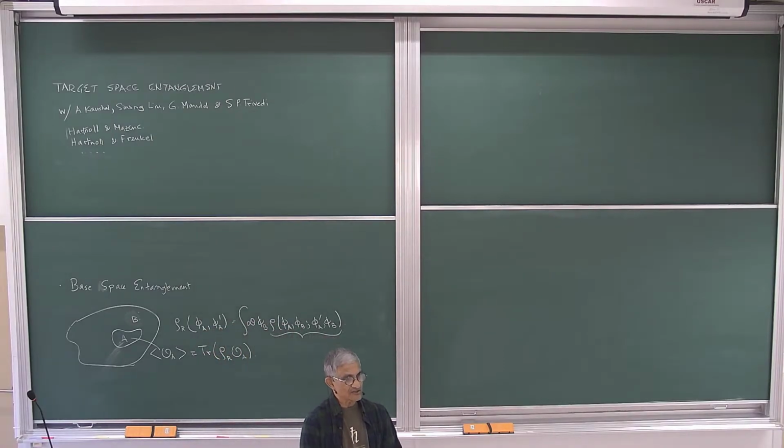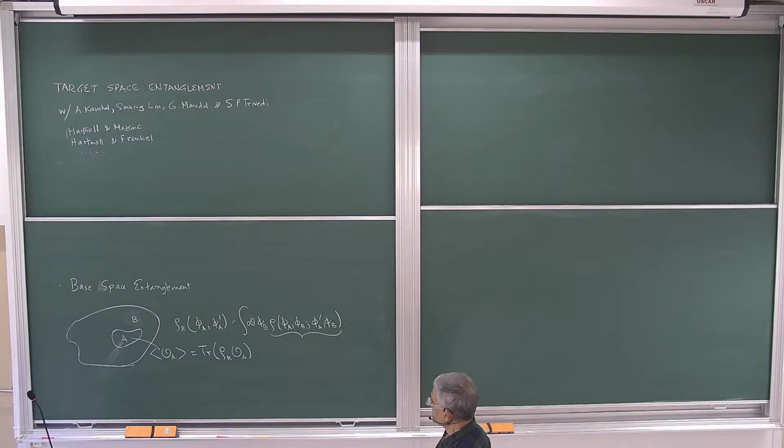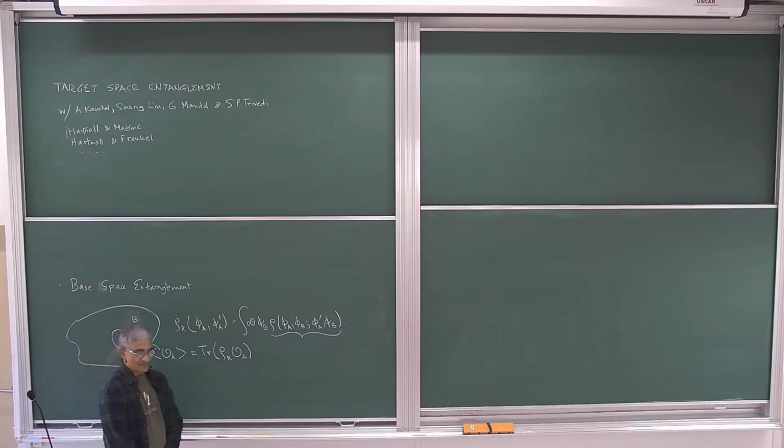We understand why it is divergent. It's divergent because of very short distance correlations which are across the boundary.